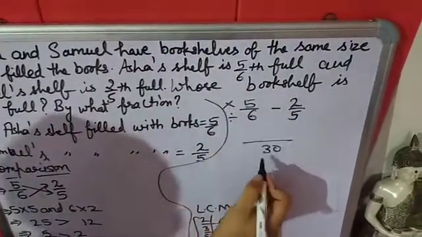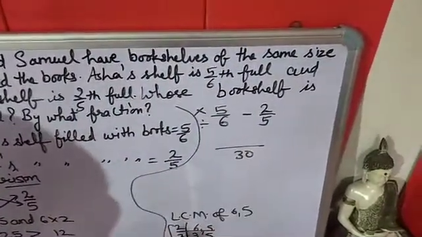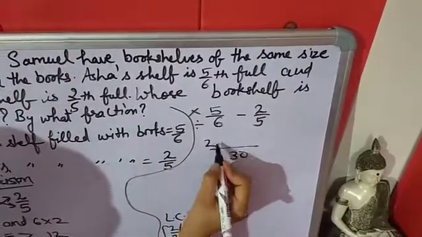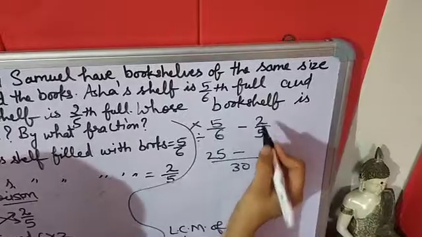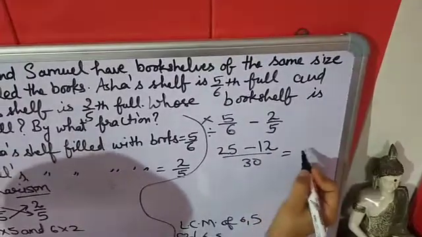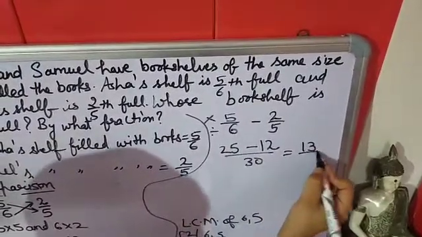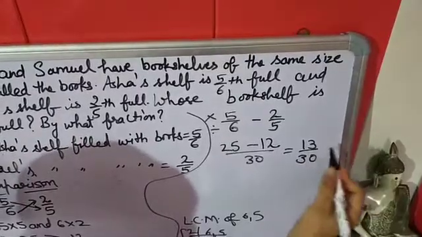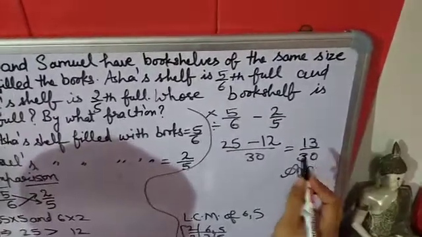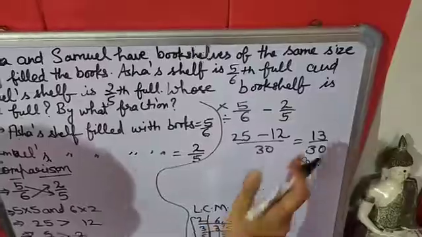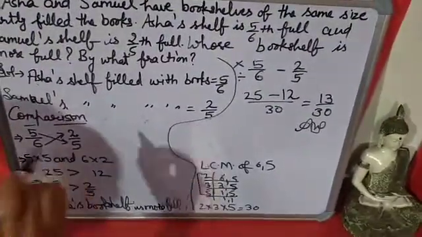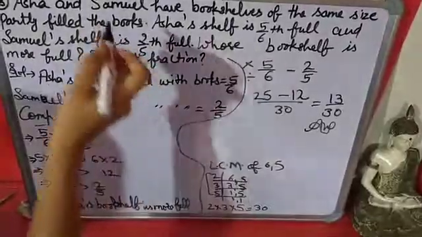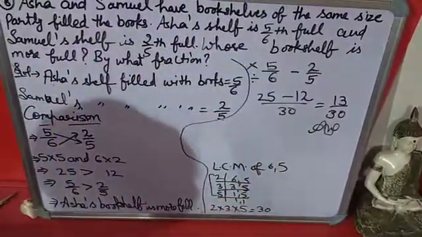Divide, multiply. 30 divided by 6, 5. 5 5s are 25. 30 divided by 5, 6. 6 2s are 12. Now do subtraction. It will be 13/30. It means this is the fraction. By 13/30, Asha's bookshelf is more compared to Samuel's bookshelf.